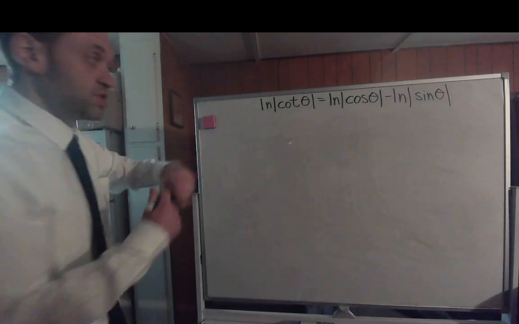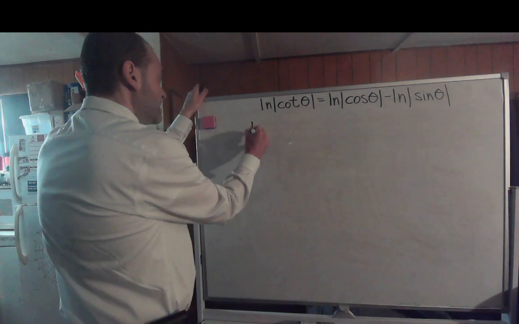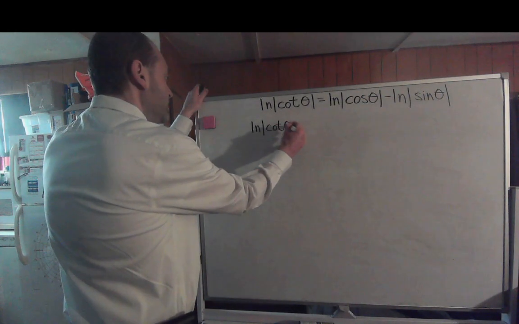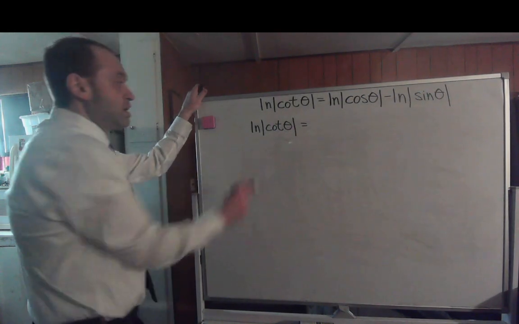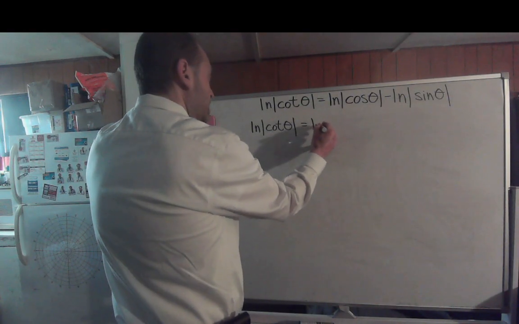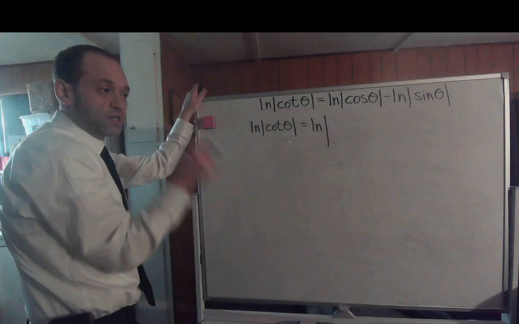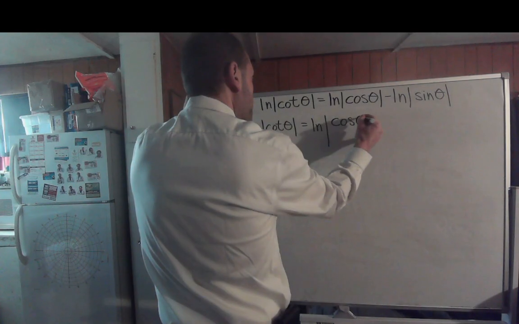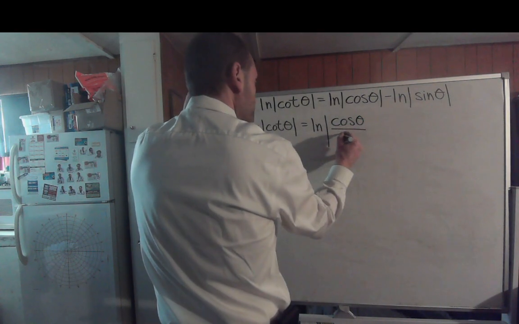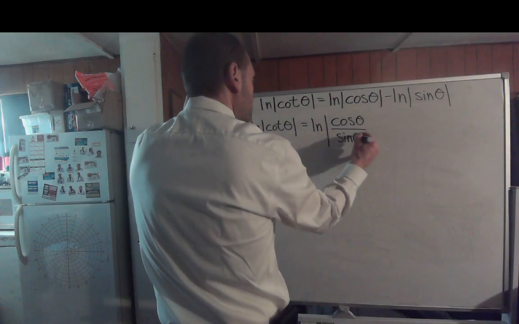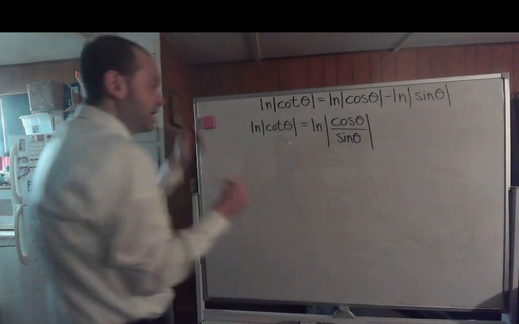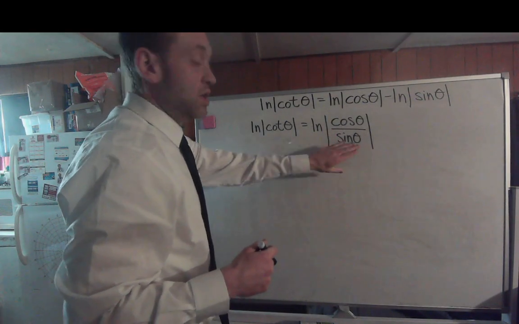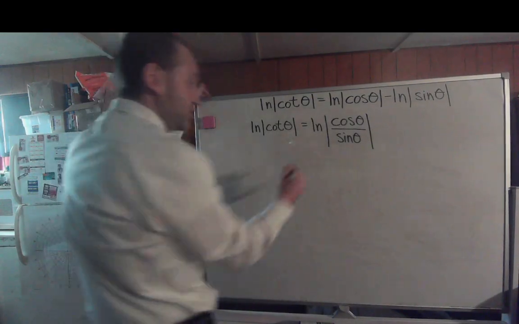Okay. So start out writing your left-hand side, the natural log of the cotangent of theta. Well, we can keep the natural log, but what is that cotangent of theta? That's the same as the cosine of theta all over the sine of theta. Well, now we have turned this into a quotient inside the logarithm, which is a difference of two logs.